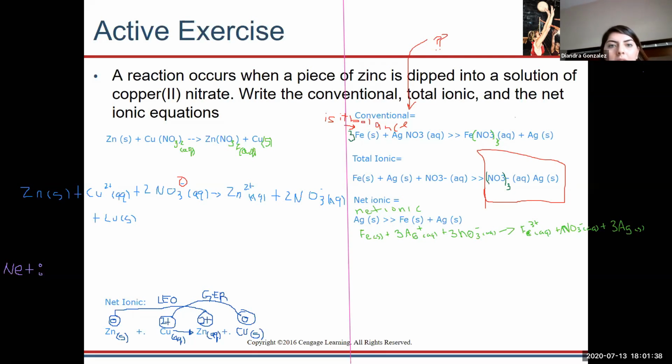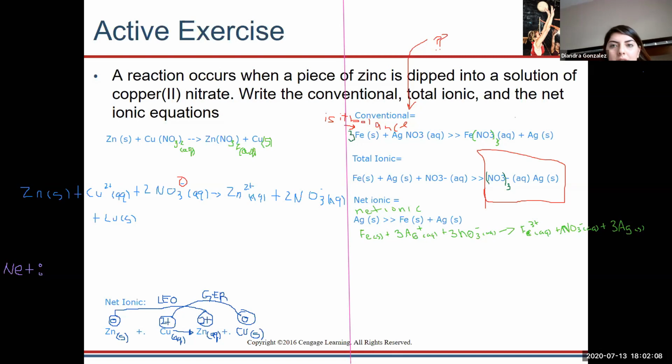This side. And then Ag has 1. And then that NO3, that 3 on the outside of the parentheses should be a 2.